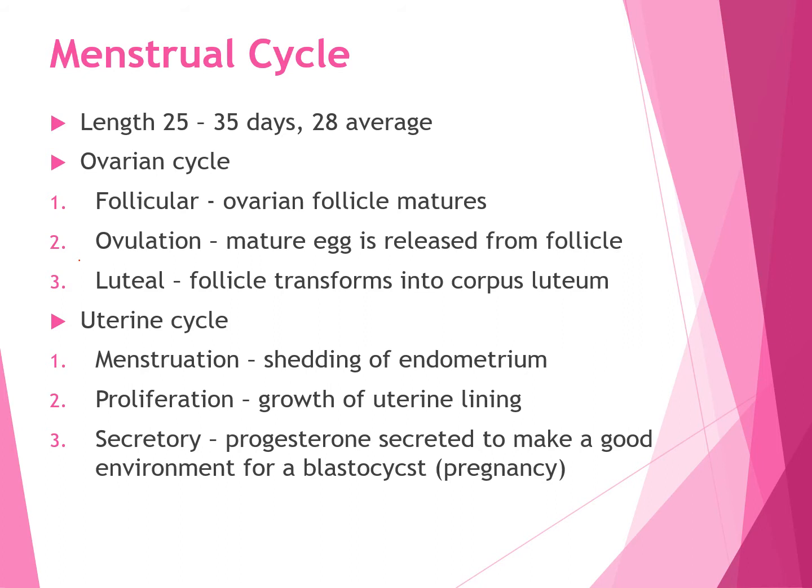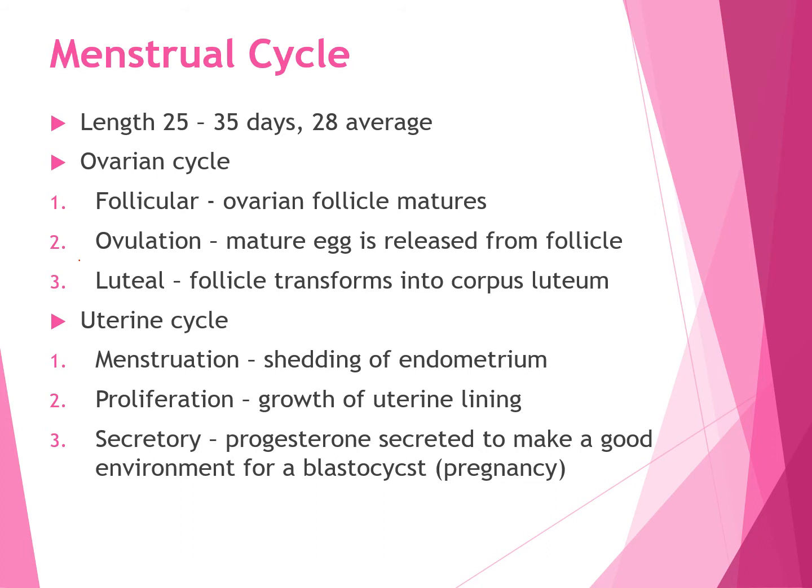Due to estrogen, on the 14th day of the cycle, the mature egg is released from the follicle. That follicle is known as the corpus luteum, which secretes progesterone.